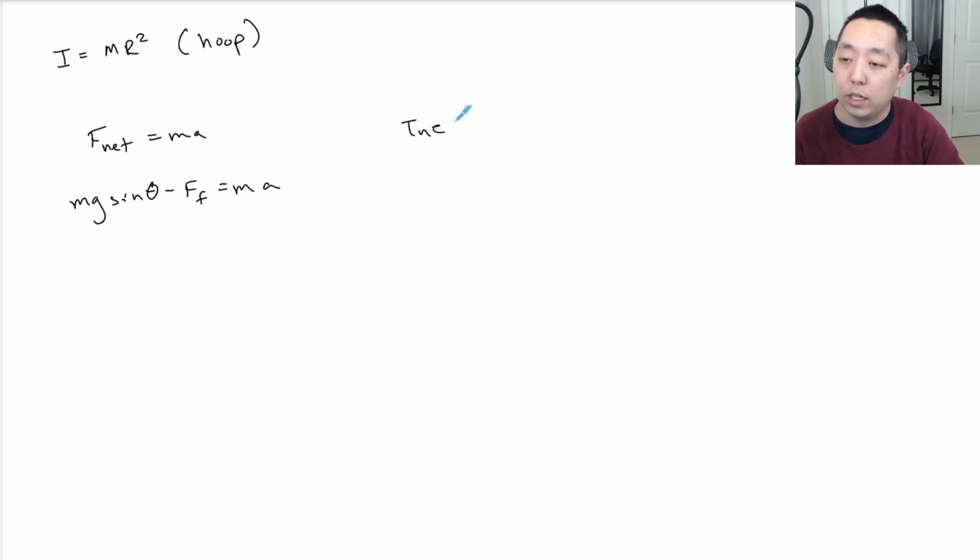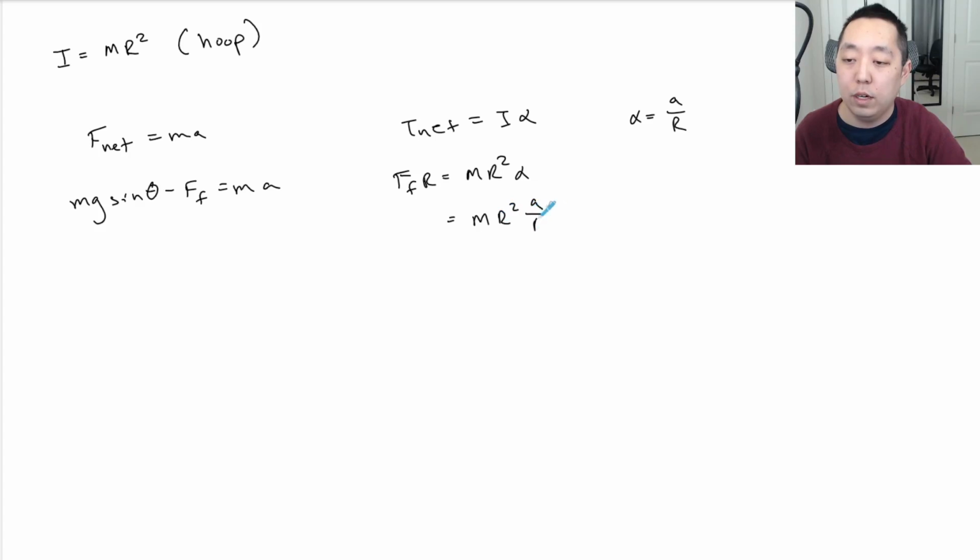And net torque is equal to I alpha, but this is force of friction times r. Now we have mr squared times alpha, and when you roll without slipping, alpha is equal to a over r, so this is mr squared a over r. The r's cancel, and you get mra is force of friction times r. The r's cancel again, and you get force of friction is equal to ma.